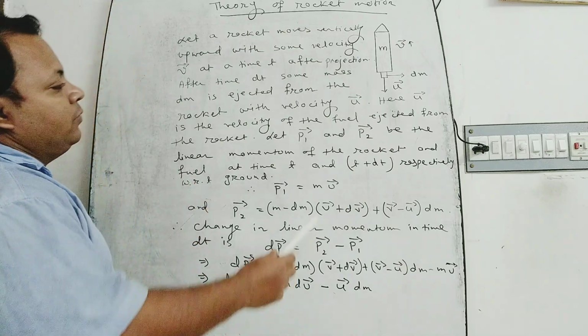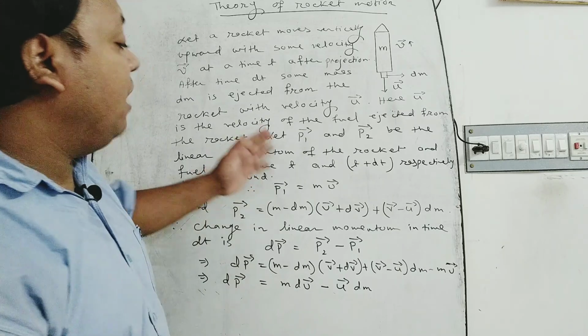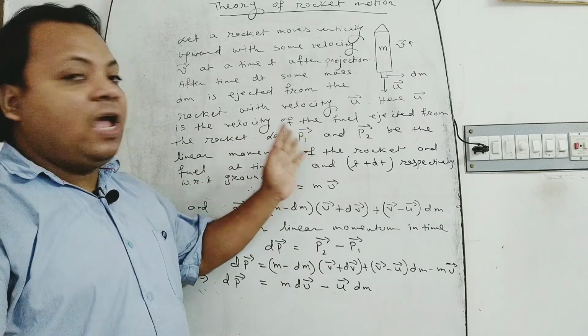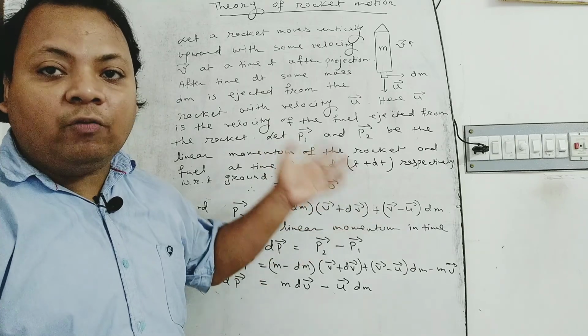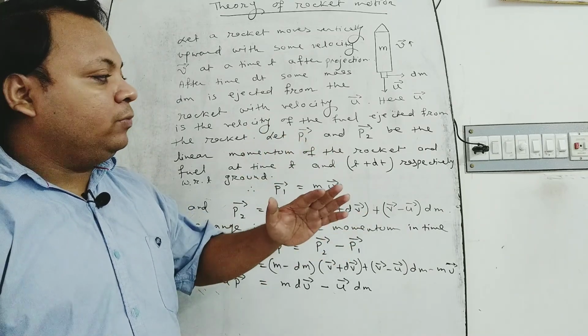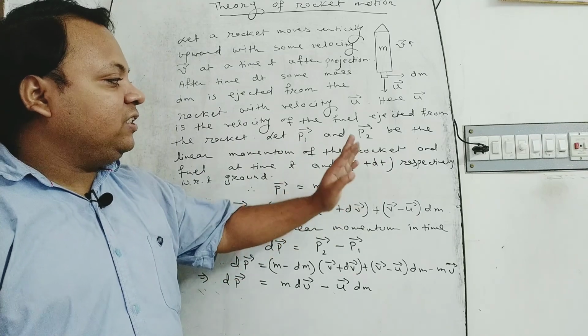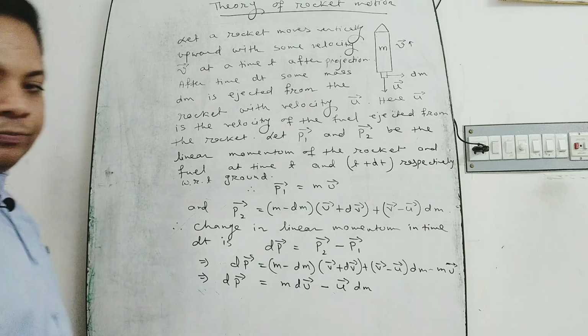Here the linear momentum of the rocket at time t is p1, and the linear momentum of the rocket and the ejected fuel after time t plus dt is p2 with respect to the ground.